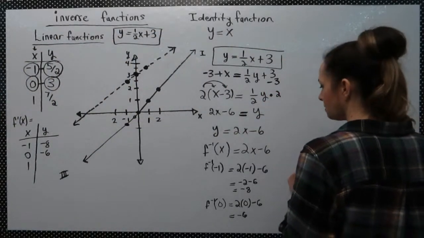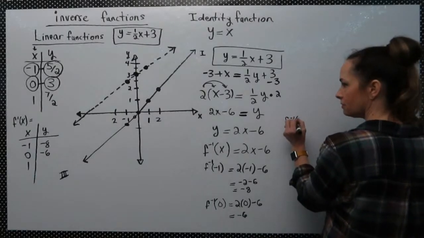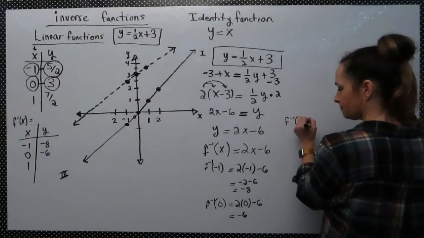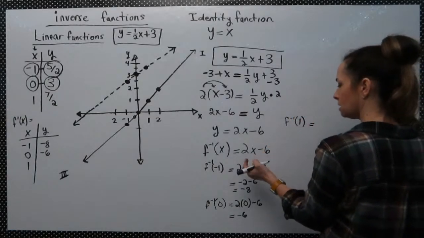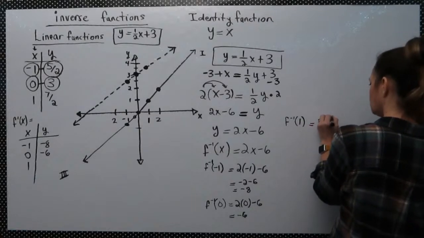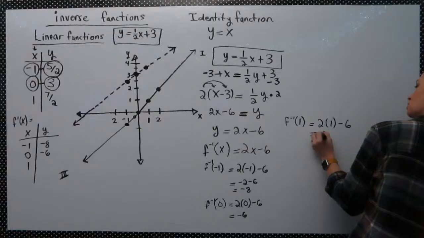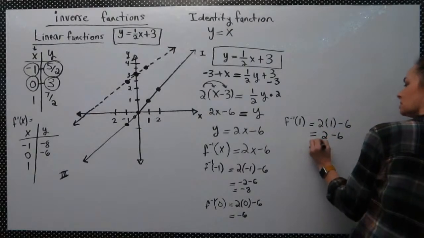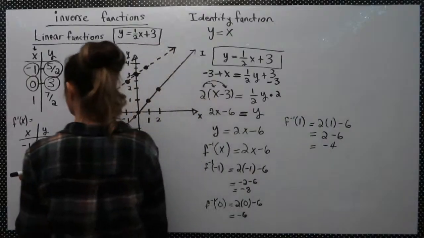And then I've got one more, f inverse of 1. And it's going to give me 2 times 1 minus 6. And that is 2 minus 6, which is -4.